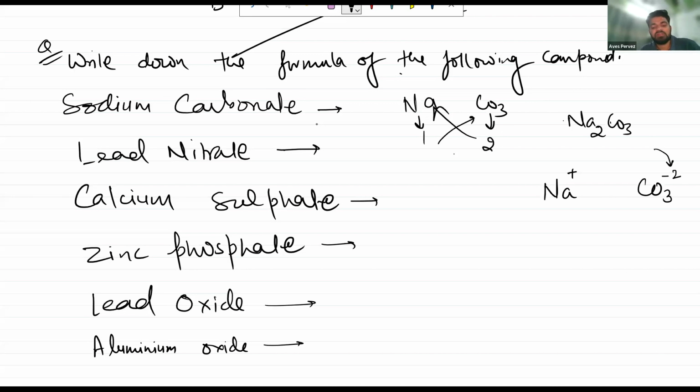So I'm going to paste... wait a minute. Let me show you this one in the NCERT so that you will be able to solve the questions. Wait a minute.